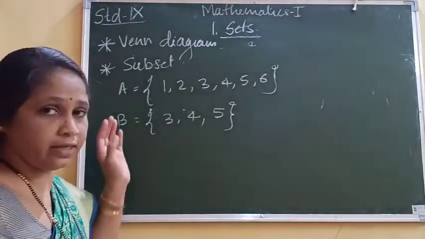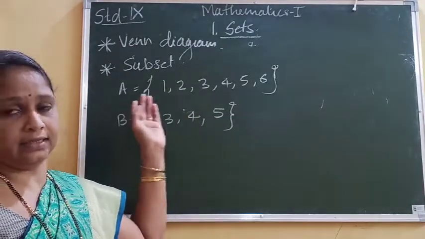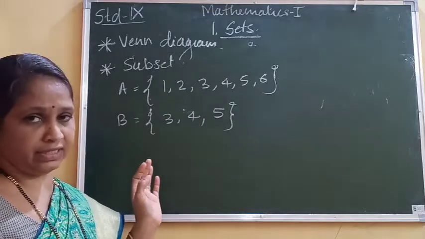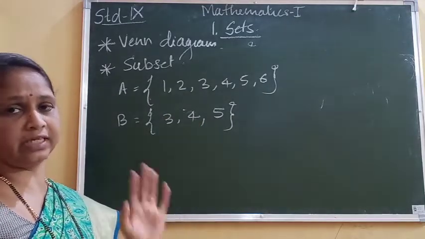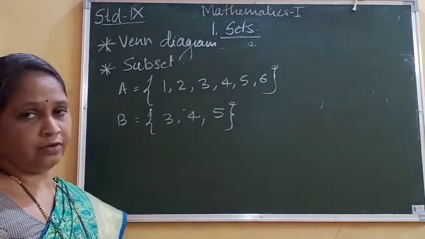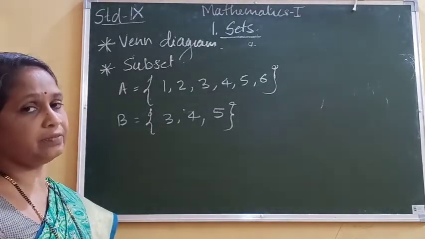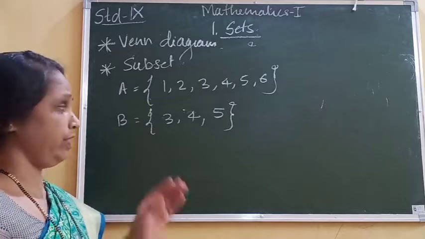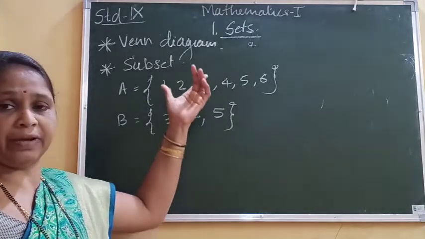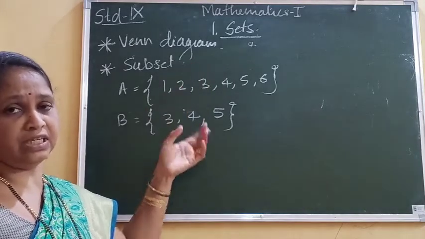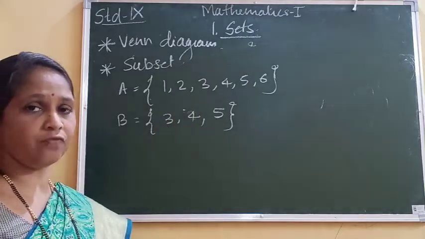The elements of A are 1 to 6, and the elements of B are 3, 4 and 5. Now B is a subset of A. We say that B is a subset of A when all elements of B are present in set A.